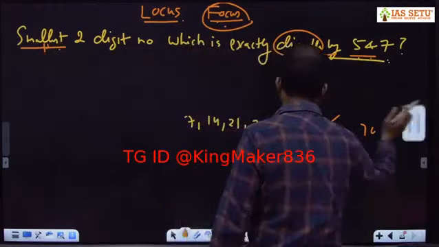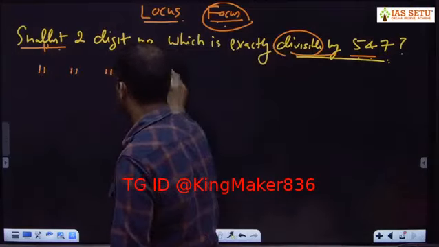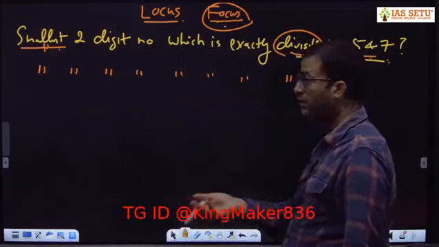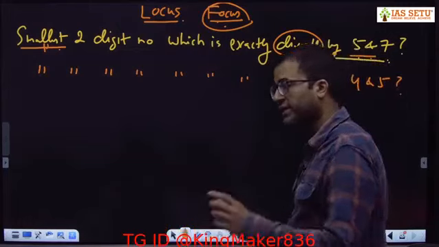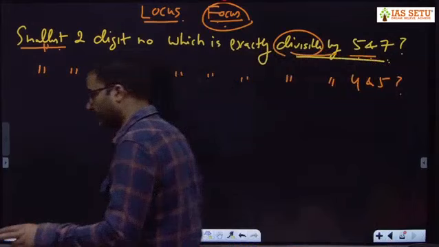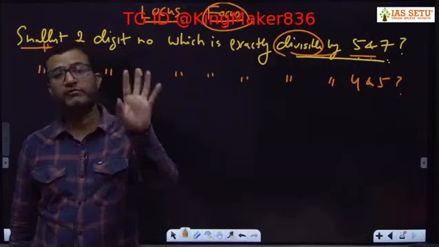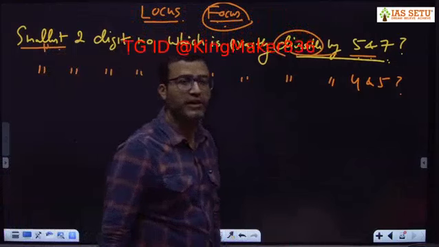I will explain in detail. Okay, now let me ask you 5-6 questions. My next question is: smallest 2 digit number which is exactly divisible by 4 and 5. It means we are looking for multiple of 4, multiple of 5, common multiple, but the smallest 2 digit common multiple. Here LCM will help. What is the LCM of 4 and 5? 20.